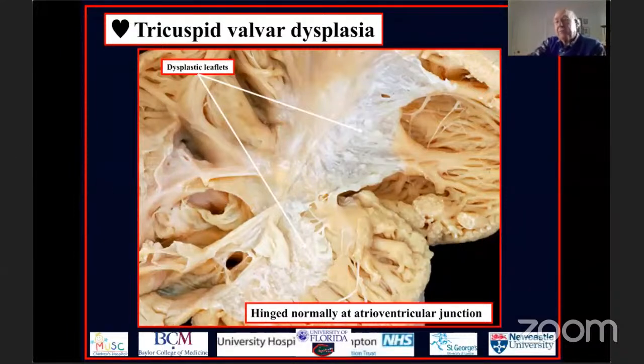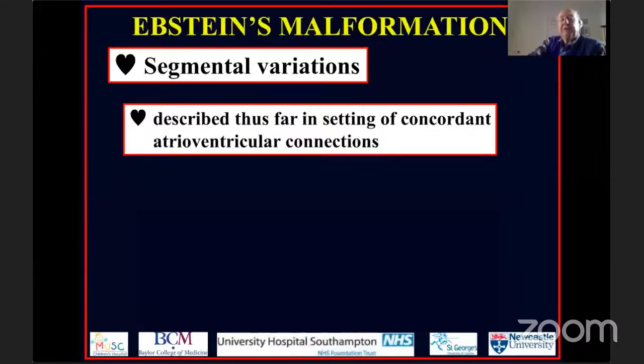So this heart is exhibiting tricuspid valvar dysplasia, but is not showing Ebstein's malformation. The two are discrete entities, but almost always in Ebstein's malformation, the leaflets are additionally dysplastic.